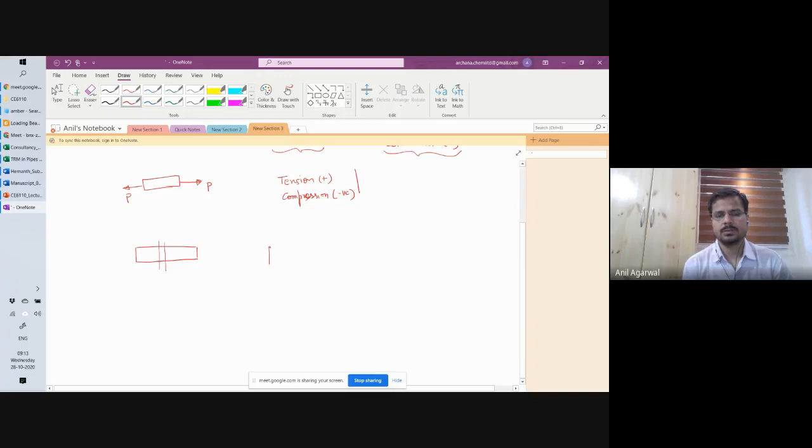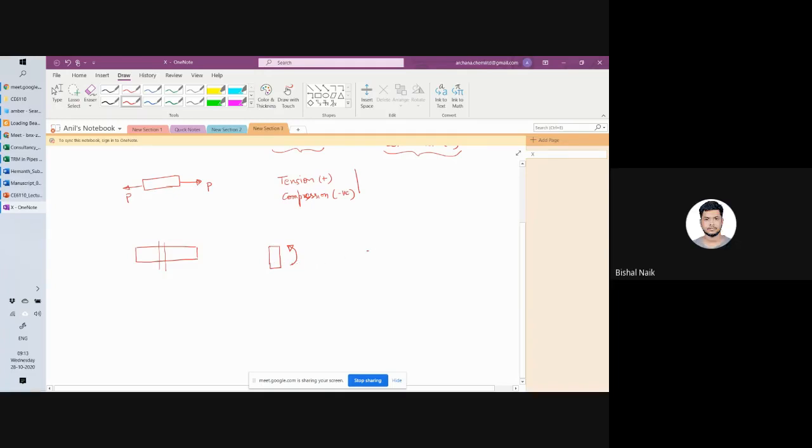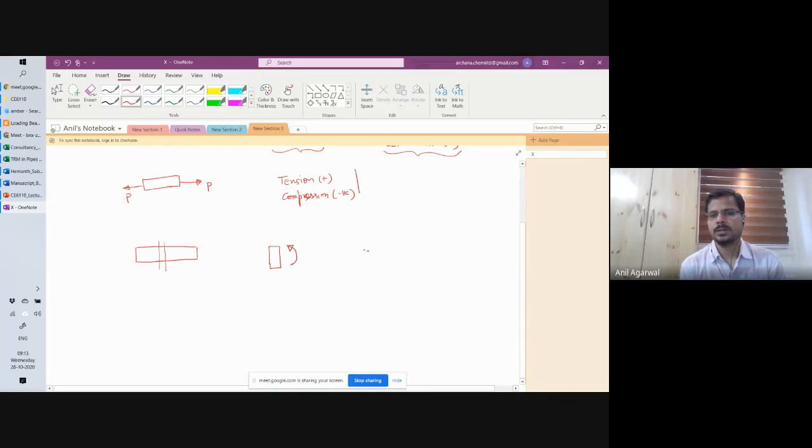Looking at that segment, if I have a moment acting here, what would be the sign convention I would use? If I'm giving only this value. Clockwise, anti-clockwise. Exactly. So I can say anti-clockwise positive and clockwise negative.